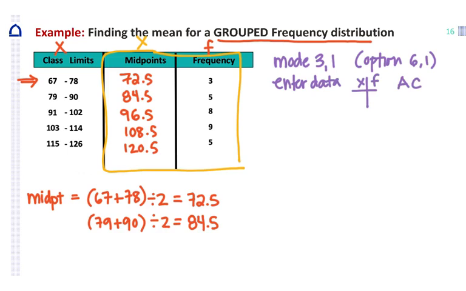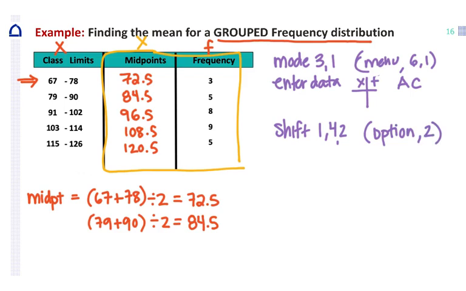Lastly, to find the mean, you will press Shift 1, 4, 2 for most of the calculators. For the white calculator, when you're trying to find the mean, press Option 2.